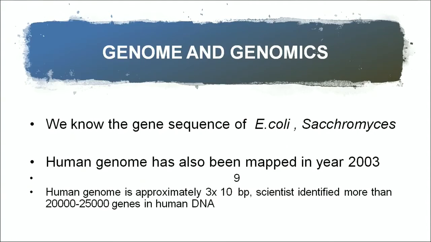Now we know the genome sequence of E. coli, Saccharomyces, Arabidopsis, and also the human genome has been mapped. This human genome mapping was a very big project, and the human genome is approximately 3 × 10^9 base pairs, and scientists have identified more than 20 to 25,000 genes in human DNA.